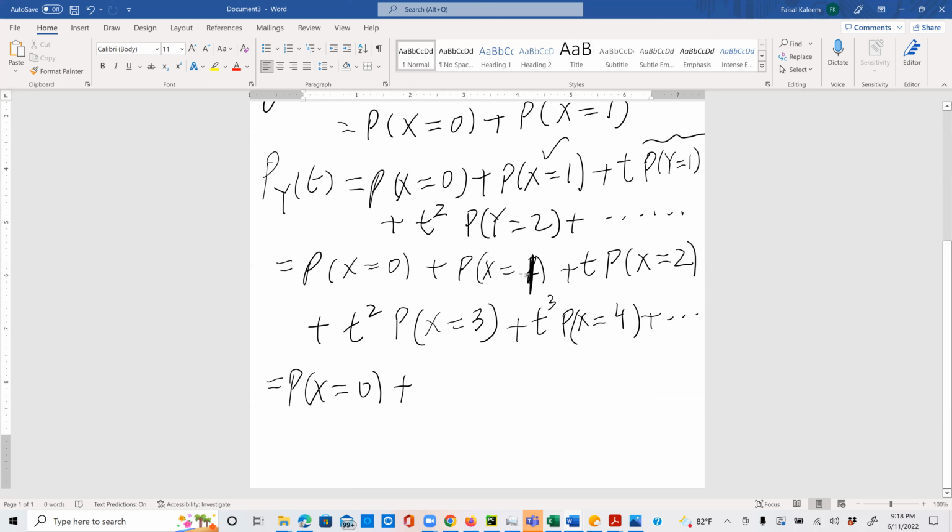Plus, and now let's change these back into f's. So this is f of 1 plus t f of 2 plus t square f of 3, because now since we have the x, therefore the probability function for the x was the f.